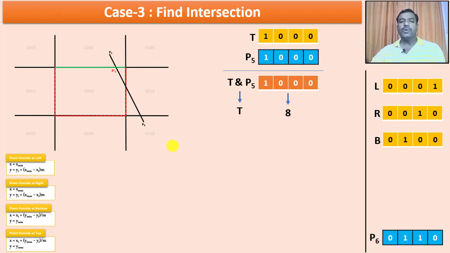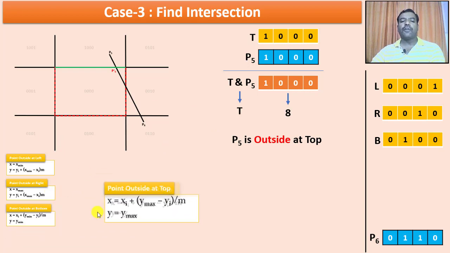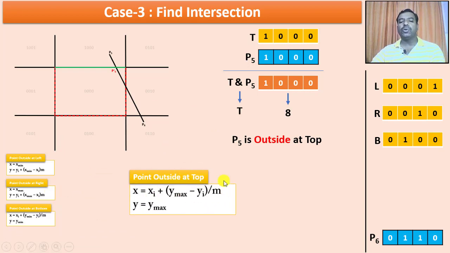Clear? So to find the intersection, I am just going to use the formula for the point at the top. I need to set y equals y max, and x should be computed as x equals xi plus (y max minus yi) divided by the slope. I need to find the slope using xi, yi as the first endpoint and x1, y1 and x2, y2.